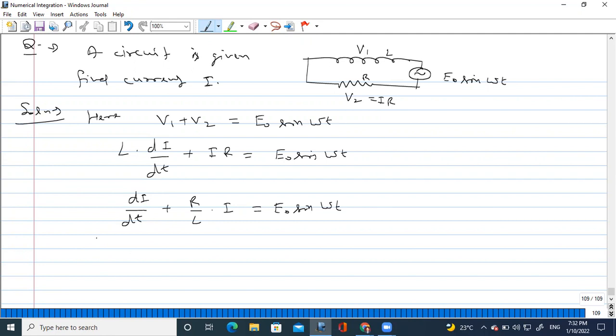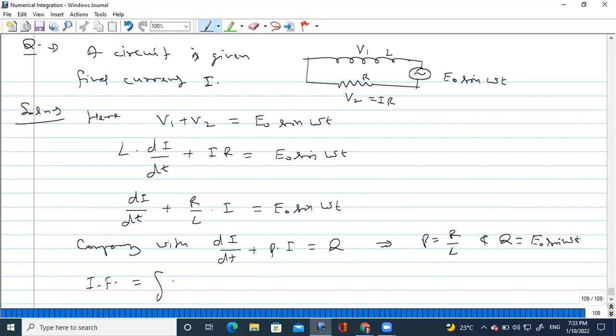So comparing with di by dt plus p into I is equal to q, p will be equal to R by L and q will be equal to E naught sine omega t. This is a complete function. So I can do the same way.